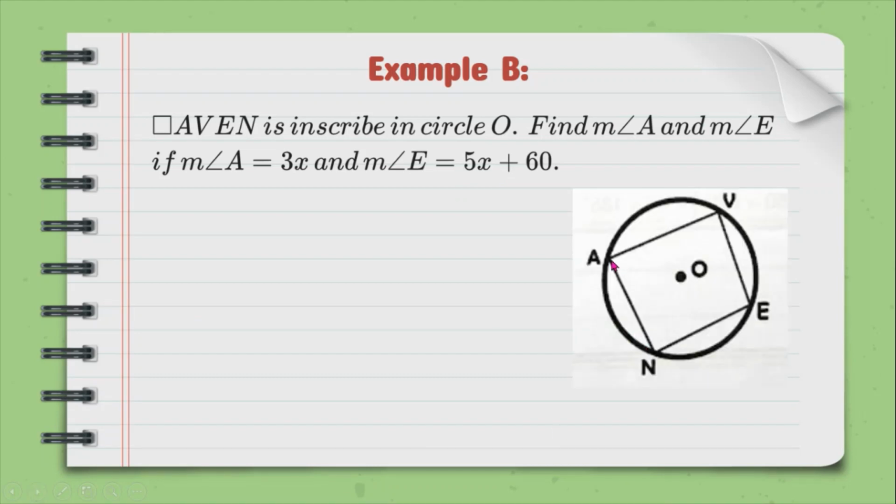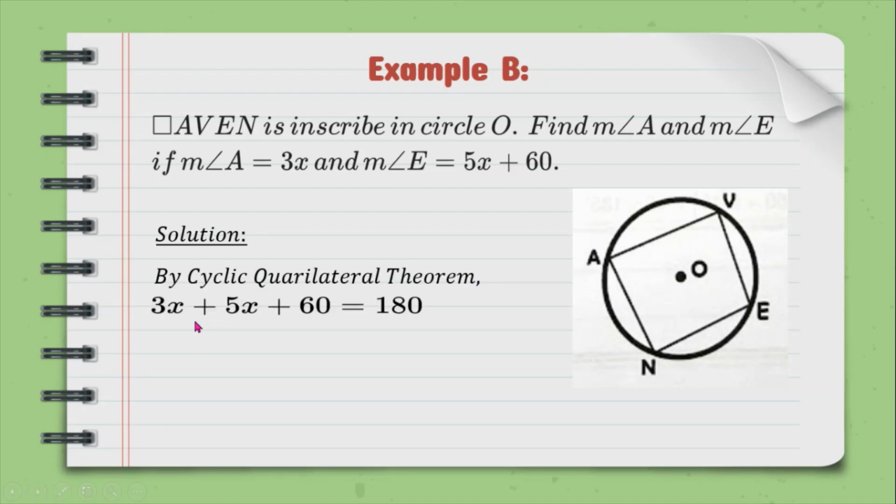So this is the quadrilateral AVEN inscribed in circle O. So by the cyclic quadrilateral theorem, 3x plus 5x plus 60 is equal to 180, since the measure of angle A here and angle E here is 180, since they are opposite angles and are supplementary.